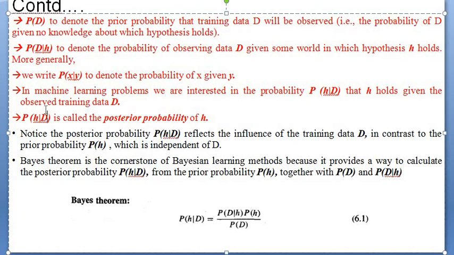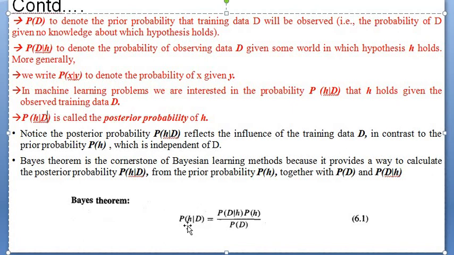Okay, I think you have understood all these notations. They are very important because we are using them in our Bayes theorem. Okay, look at the Bayes theorem. This is the formula of Bayes theorem.